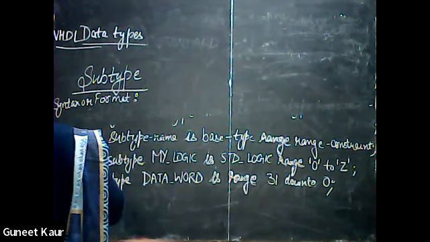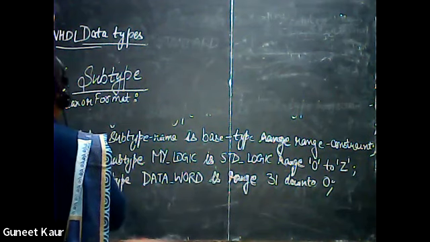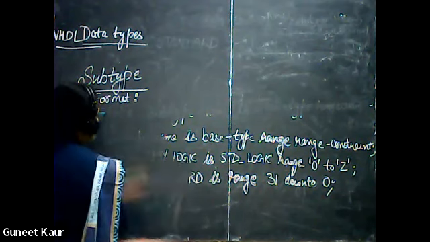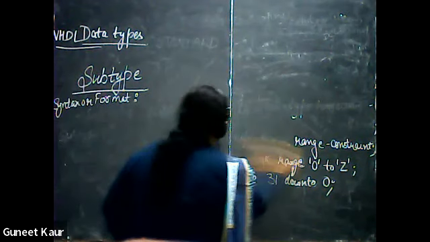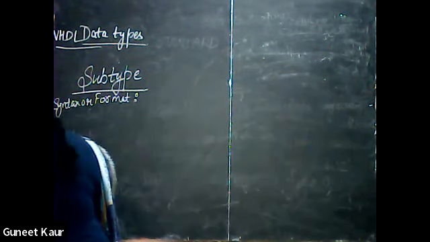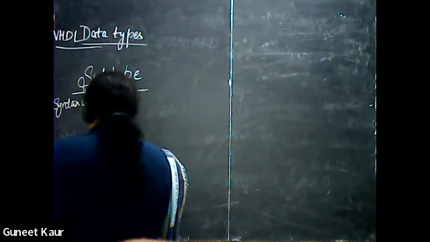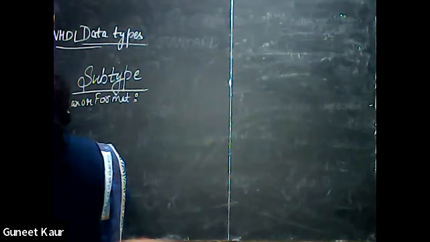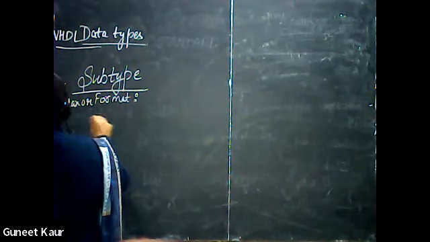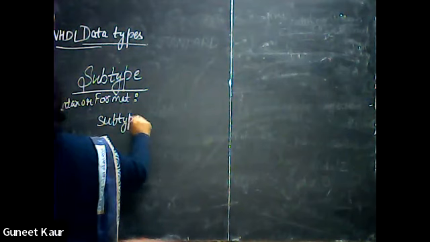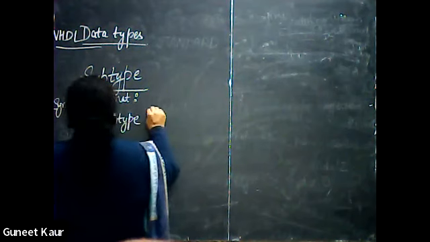Okay, now I will explain more examples on the subtype. I will write it. So next example is here subtype. Subtype should be bold.